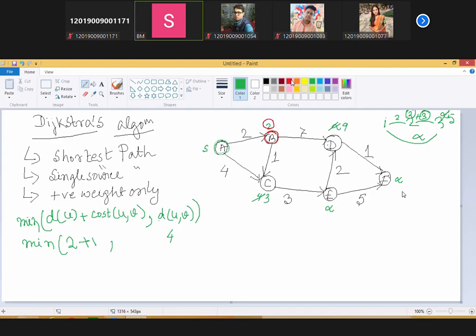Next, again you find the minimum. When this is done, you are not supposed to take it anymore. So check which is minimum. This is 3, infinity, infinity, 9. So 3 is minimum, so now you will go for this node.